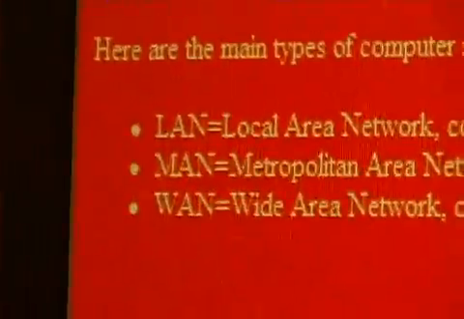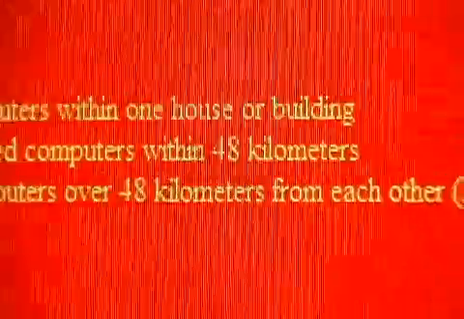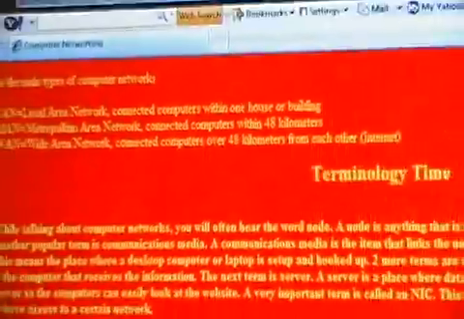So networks set up when the computers are very close to each other. So a description here, LAN, Local Area Network, is connected computers within one house or building. So connected computers that are rather close together, you know.